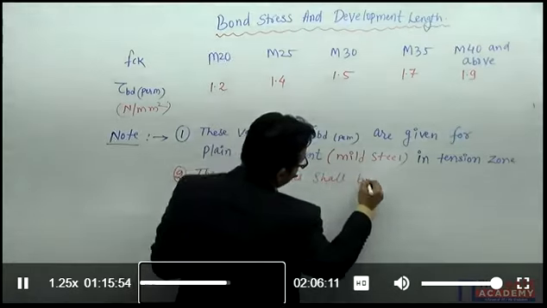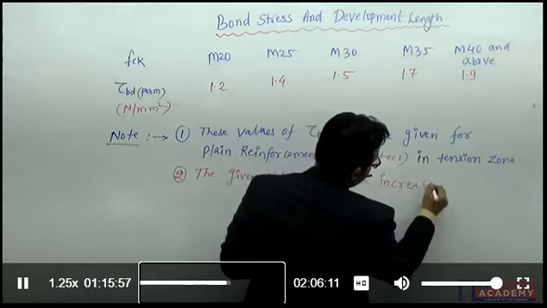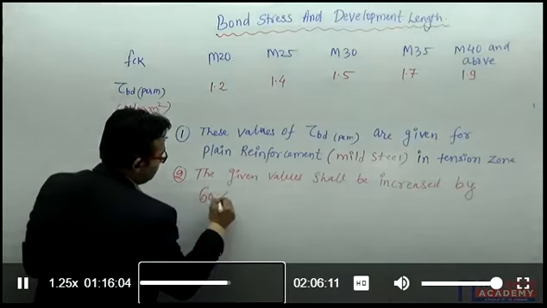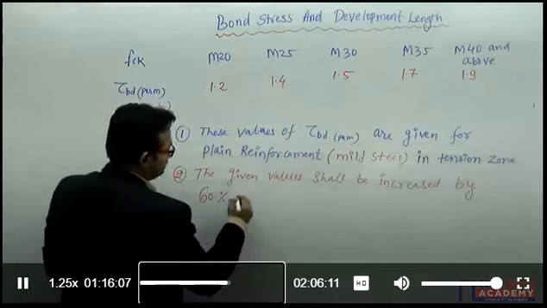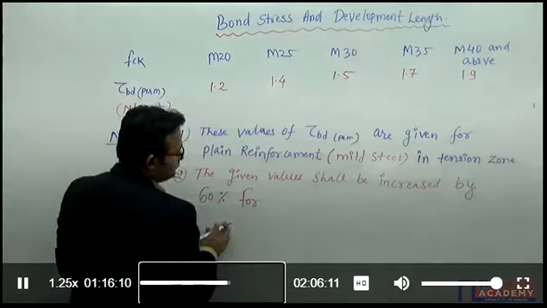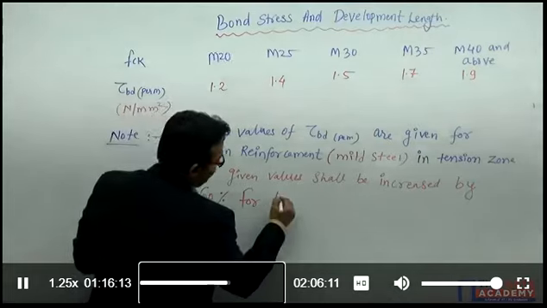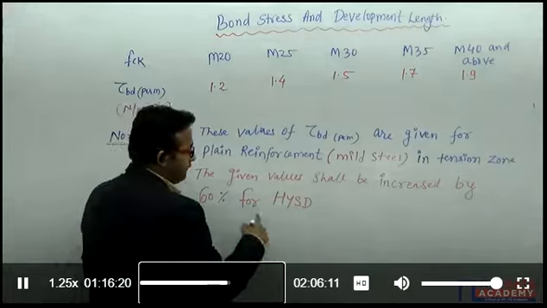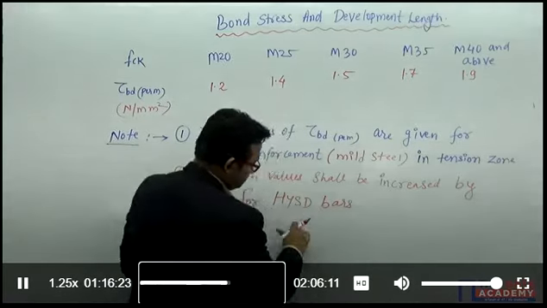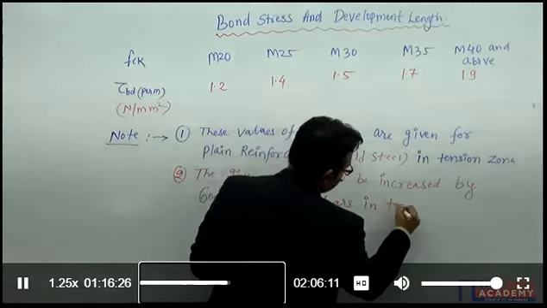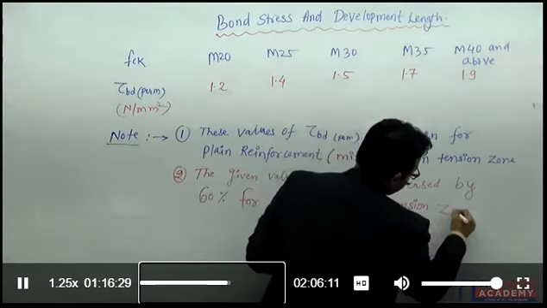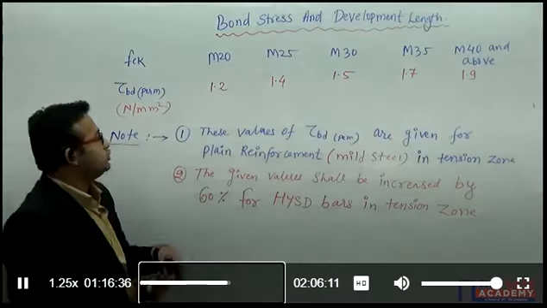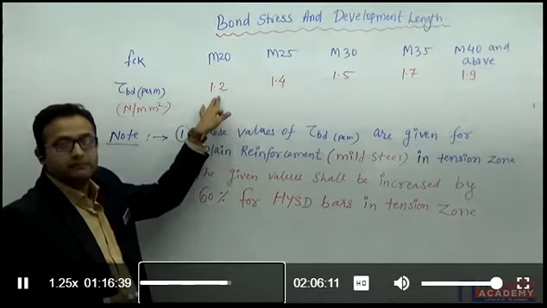shall be increased by 60% for HYSD bars. HYSD may be your Fe 415 or Fe 500, for HYSD bars in tension zone. Right? So in the tension zone, suppose we have provided HYSD, these values shall be increased by 60%.